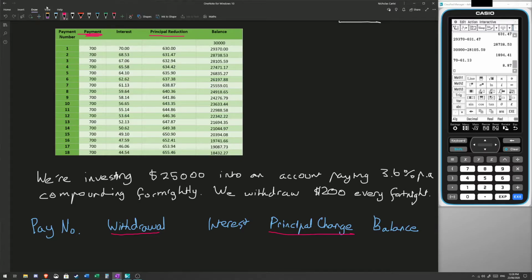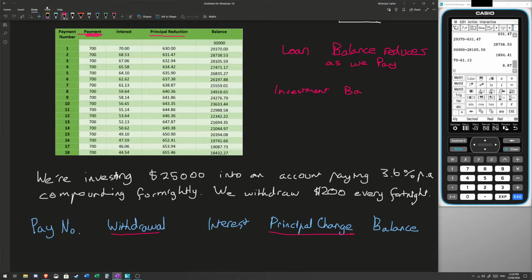Now, how do they affect the balance? With a loan, our balance reduces as we pay, right? With an investment, this is the exact same thing.